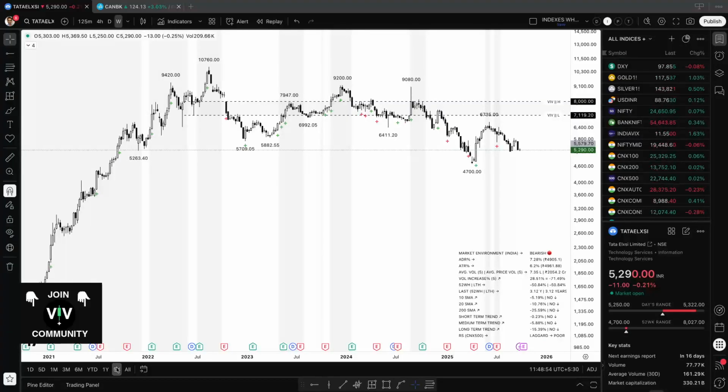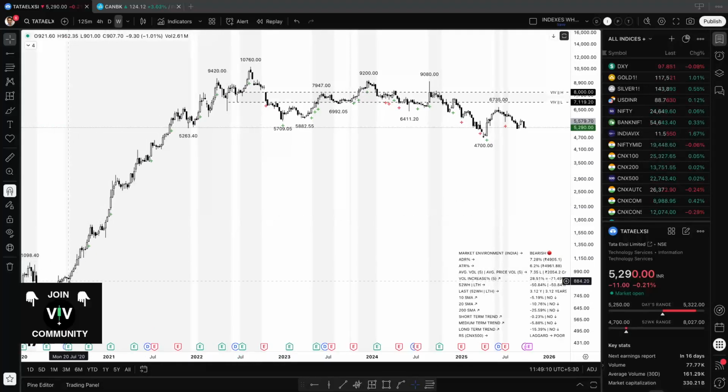The number one priority for us is that the weekly trend should be positive, as we take the trades. That means there should be a background on the weekly charts.